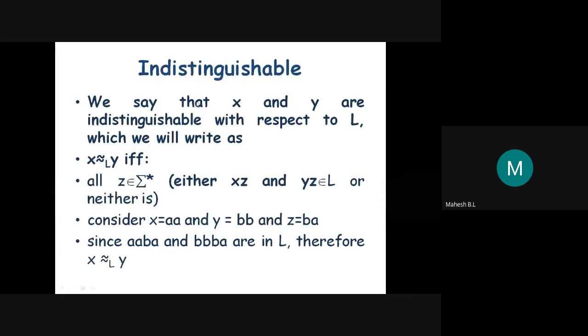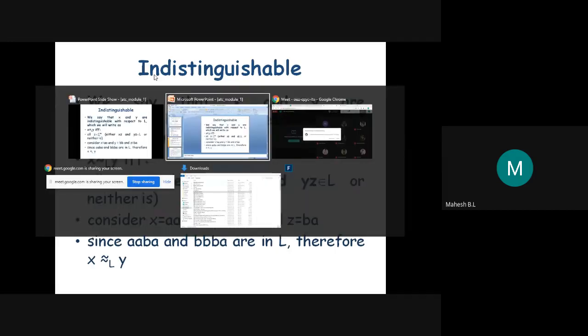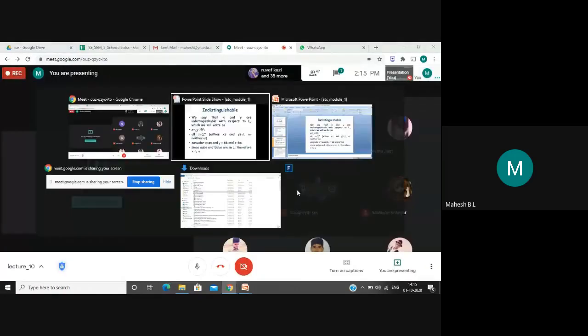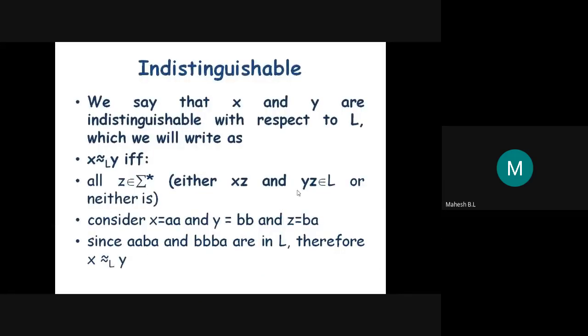We say that x and y are indistinguishable with respect to L if and only if for all z belonging to sigma star, either xz and yz both of them belong to L or none of them belong to L. So here we have considered the example x equal to AA, y equal to BB, z equal to BA.